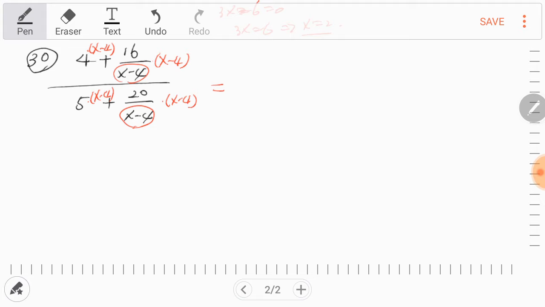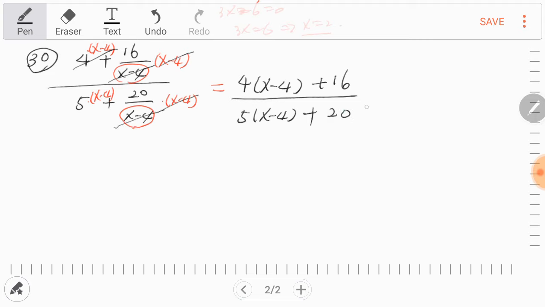Then this is equal to, okay, the first one is 4 times x minus 4. The second expression, x minus 4 cancels out, so that is equal to 16. Over 5 times x minus 4 plus, x minus 4 cancels out, 20.